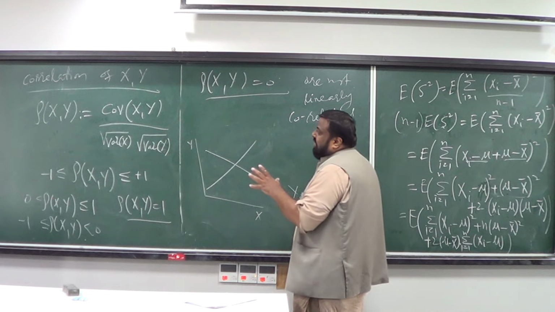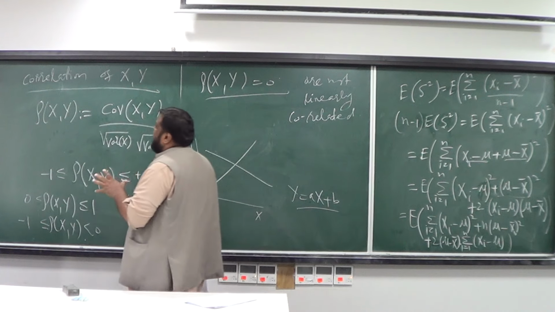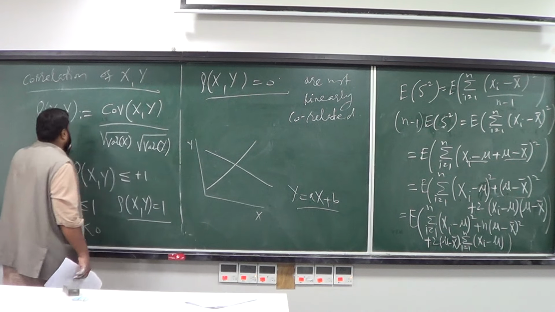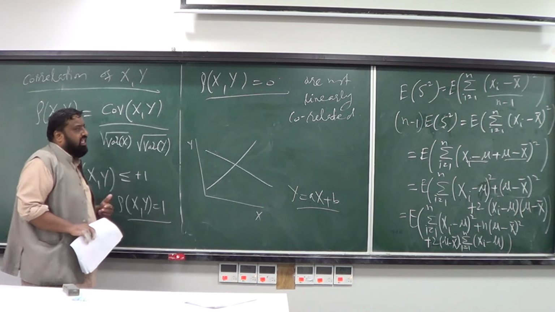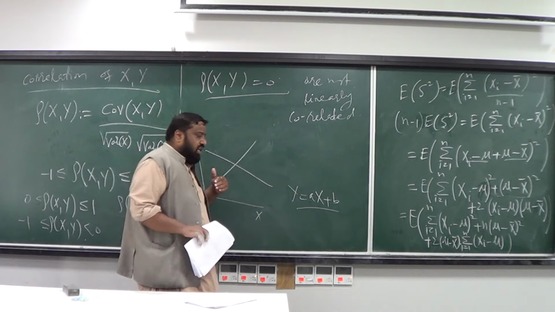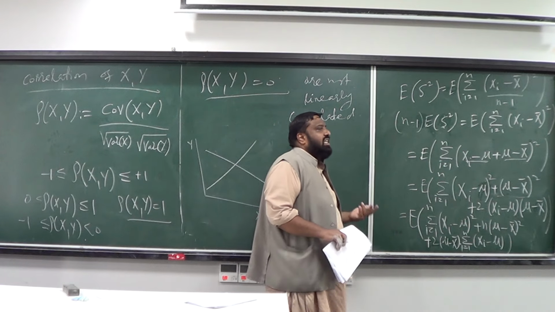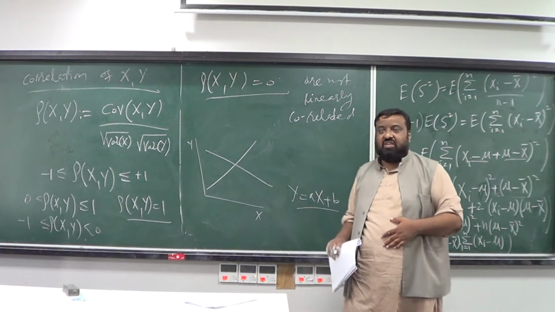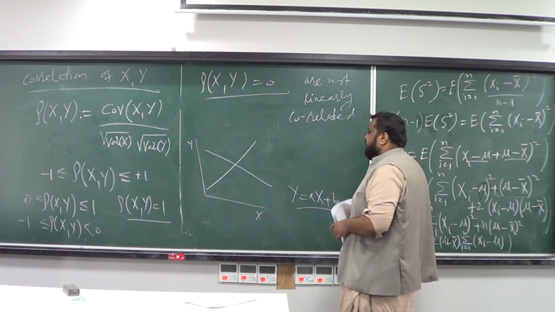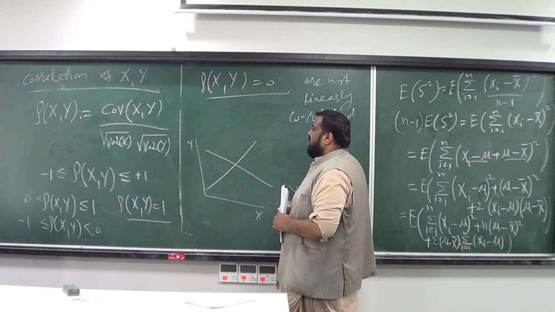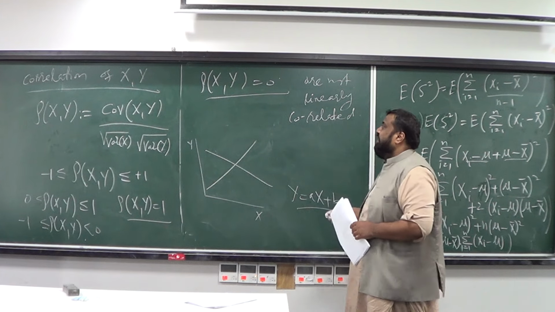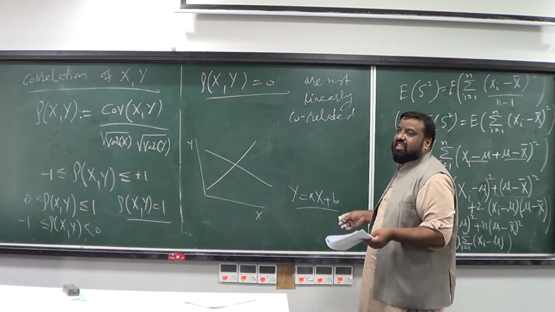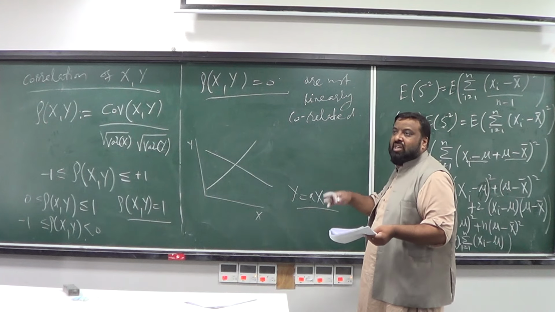So computing the correlation for the random variables x and y is a kind of test to check whether two quantities are linearly related with each other or not. But this does not reveal that if they are not linearly related, they will not be non-linearly related.